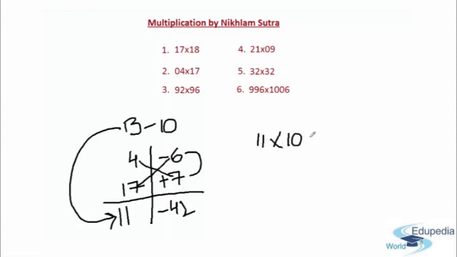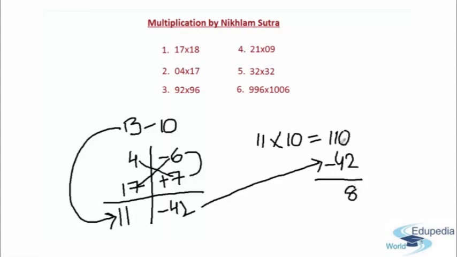If you multiply 11 and 10, you will get 110. Now you subtract this 42 from this 110. You do the subtraction. So 10 minus 2, you will get 8, and here it will be 10 minus 4, which is 6.